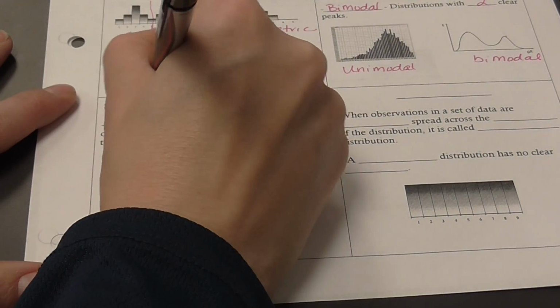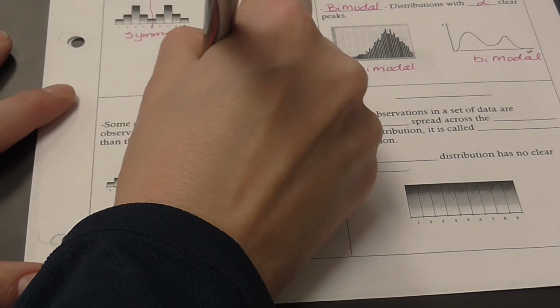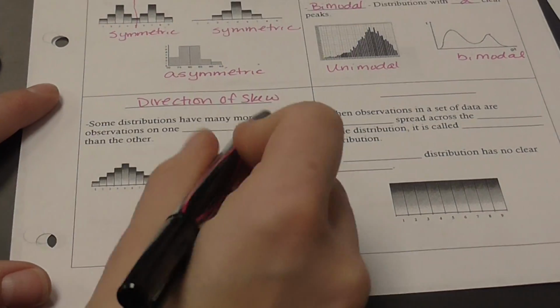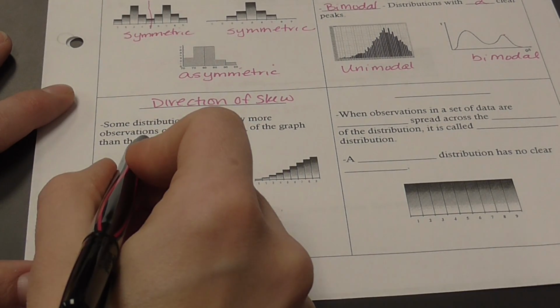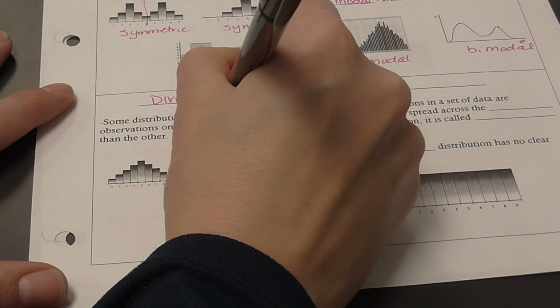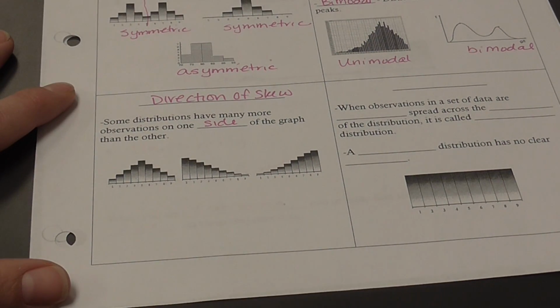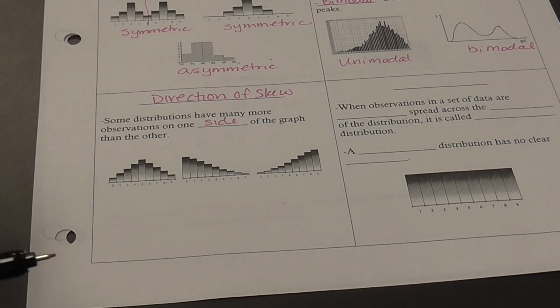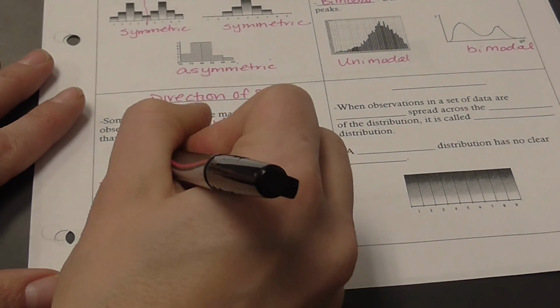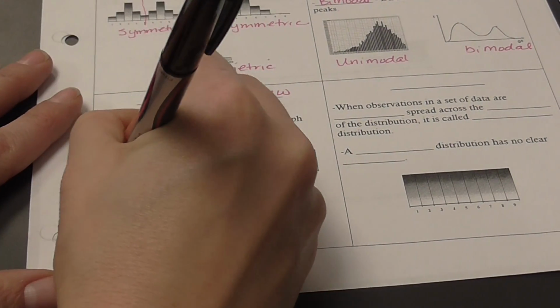Direction of skew. Some distributions have many more observations or data on one side of the graph than the other. Okay, that's going to be skewed. So this one, when it's not skewed and the tallest point's in the middle, that's called a normal curve.